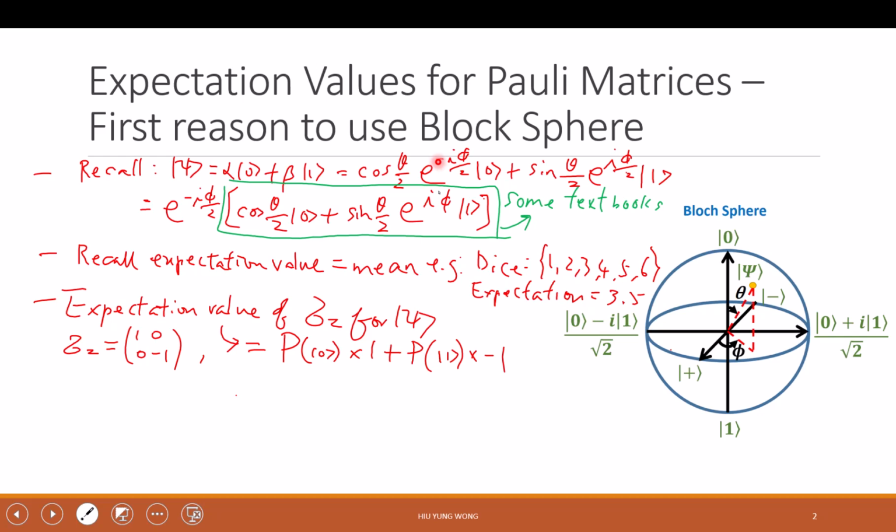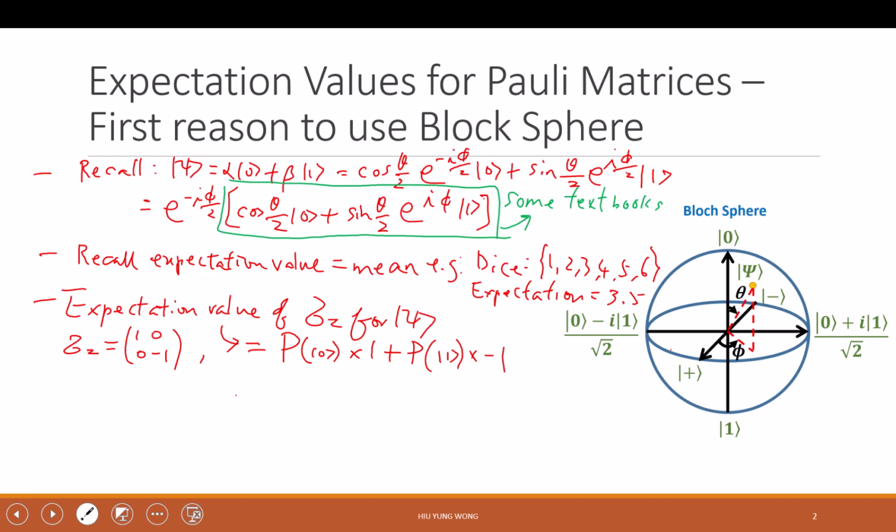It's just cosine theta divided by 2, because this is e to the power negative i phi divided by 2. You can also go through the math. You will find that the phase gets cancelled, because remember, the magnitude is the number times its complex conjugate, right?